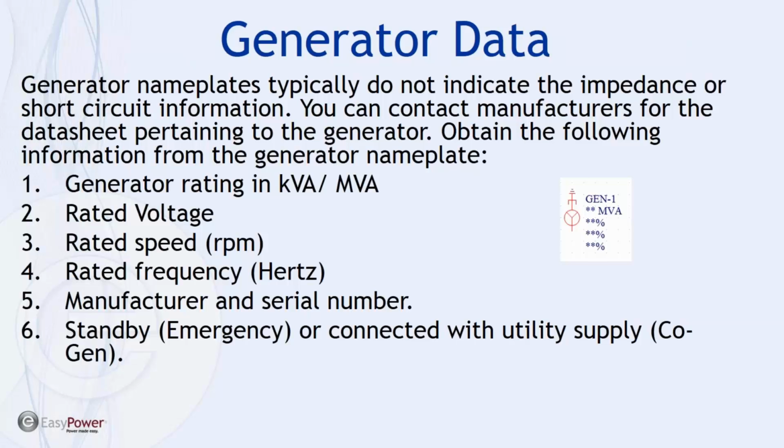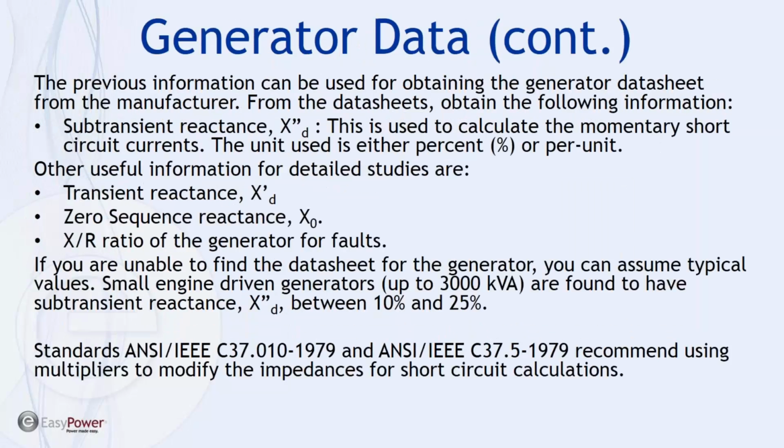Generators are important, even though we don't operate all the time on a generator. If we're going to be inspecting or working on equipment while the generator's in operation, then we need to have very accurate data, including the kVA rating, the voltage, the speed, the frequency, serial number, and emergency or connected information on the switchgear that connects the two.